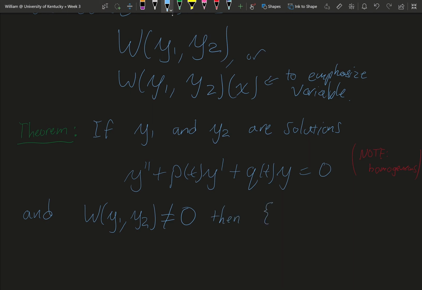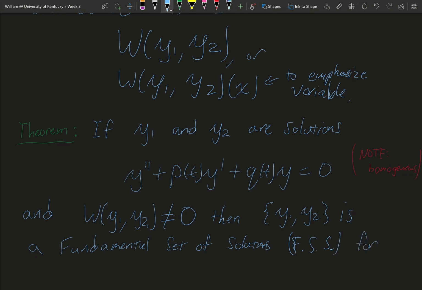Then y1, y2 is a fundamental set of solutions, or FSS, for the equation.